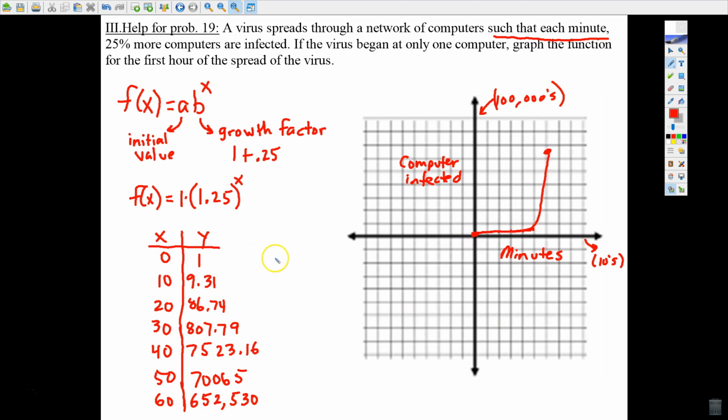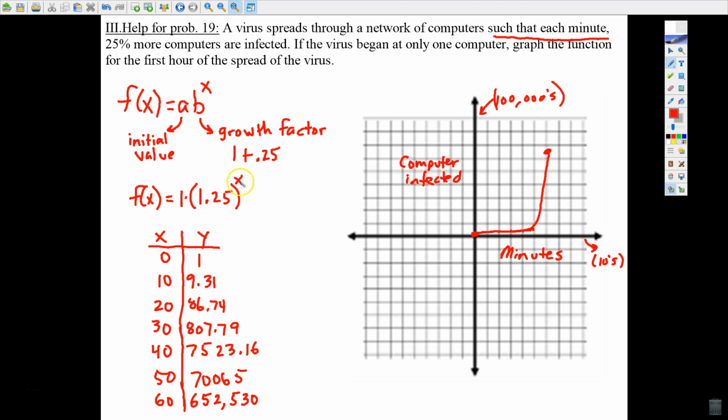So that is your answer. This is not one that you have to do, but I would use this as a model when you're doing your number 19. Set up the function just like we did. You get the growth factor just like we did. If they tell you that the beginning number of whatever it is, whatever they start with, that number will be placed in A's spot.